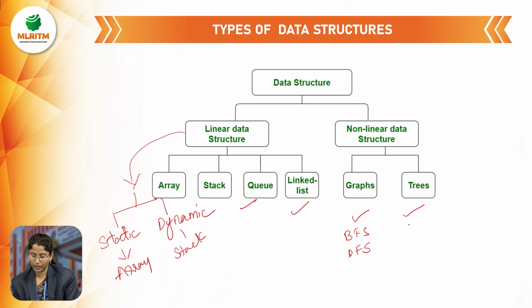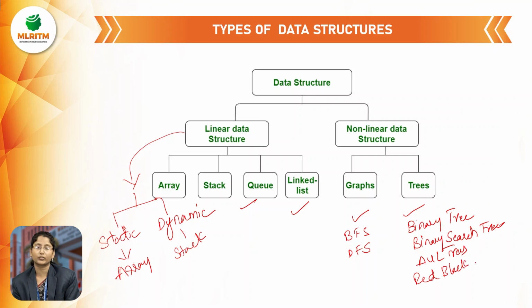And under trees, we have binary tree, binary search tree, AVL tree, red-black tree. These are some of the examples of the trees which are used in a non-linear data structure.